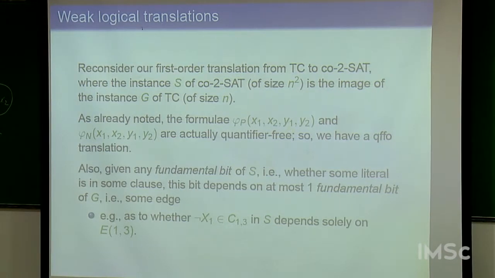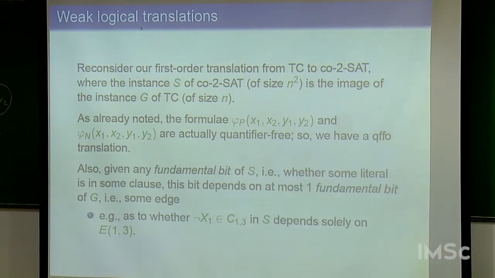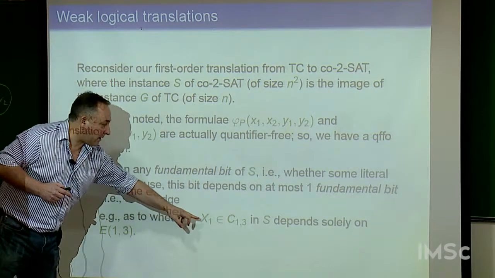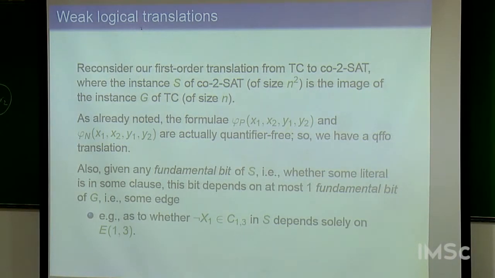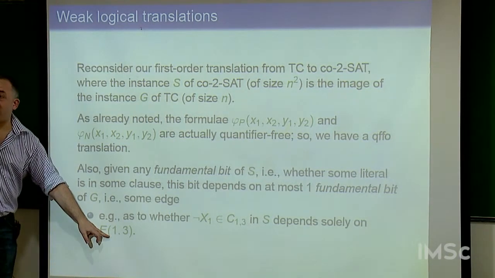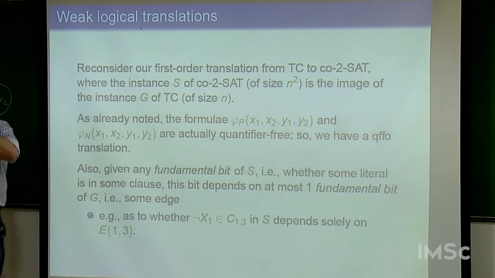Given any fundamental bit of S, it doesn't depend on something really complicated involving the source digraph and the constants. All it depends on is one fundamental bit of G. So for example, whether not x1 is in the clause C13, according to this translation, all it depends upon is whether one edge exists in your source graph.